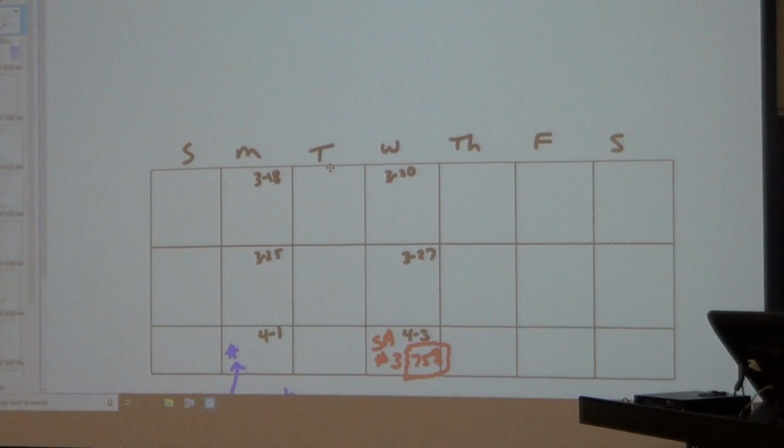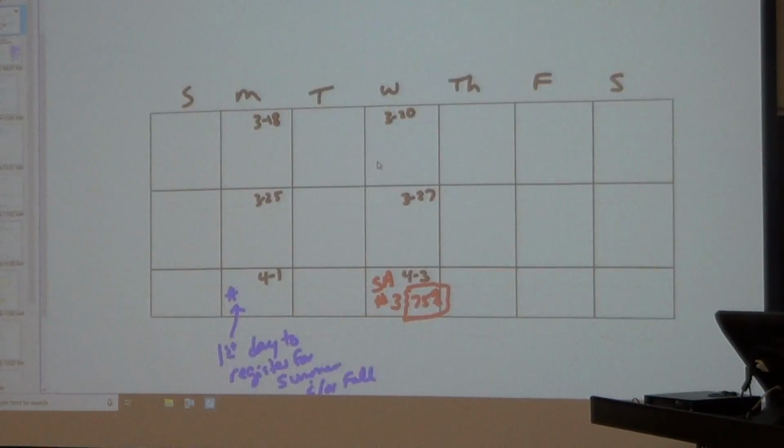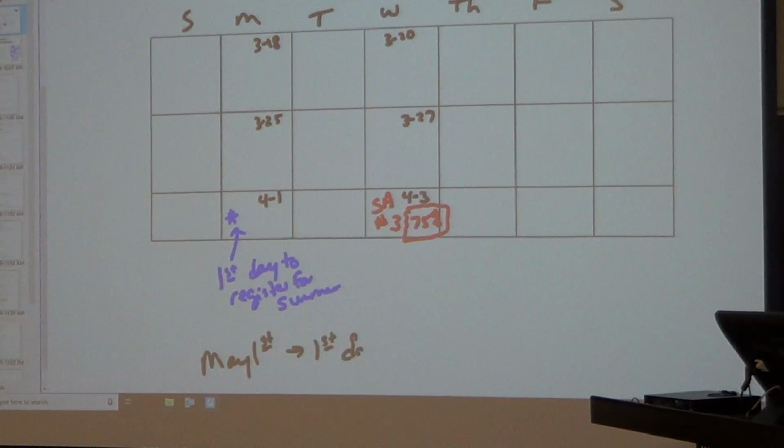We were just talking about a second ago, we just got a new academic calendar that is splitting up registration a little bit.